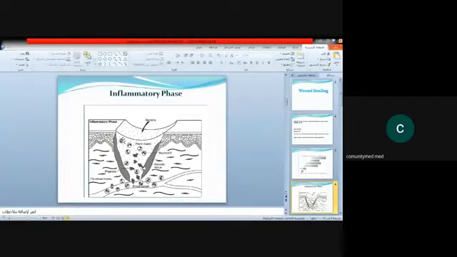This jelly-like material will fill our wound and stick the ends together, providing a soft material that fills the wound and allows the cells to migrate inside in order to do their function.